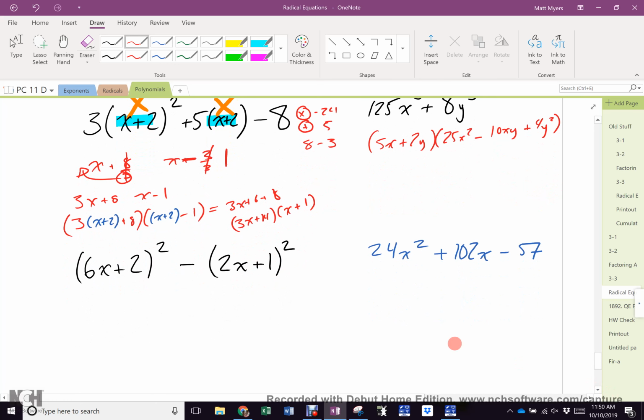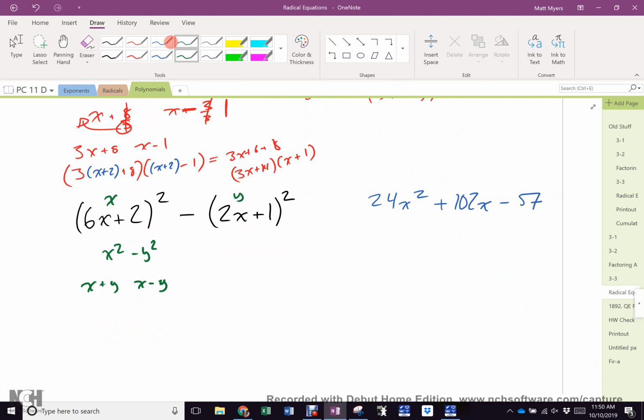Down here, of course, that is x and that is y. So that is x squared minus y squared, which is x plus y, x minus y. But x is 6x plus 2 plus y, 2x plus 1.